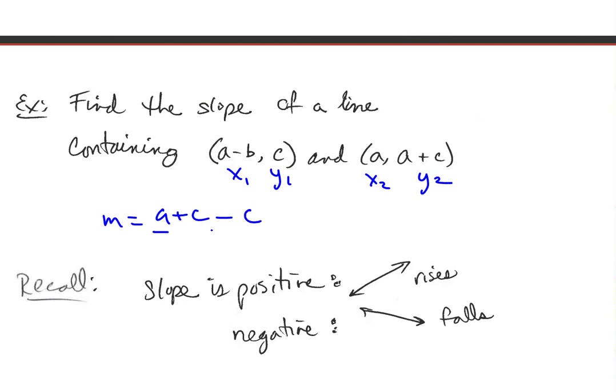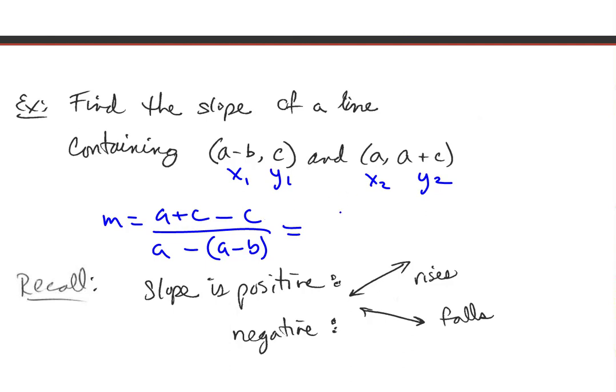And then x2 minus x1 for the denominator would be a minus, and then in parentheses here, a minus b. We had to use parentheses because we were subtracting a two-term expression, which would require the distributive property. So let's go ahead and simplify this. In the numerator, you have a plus c minus c.